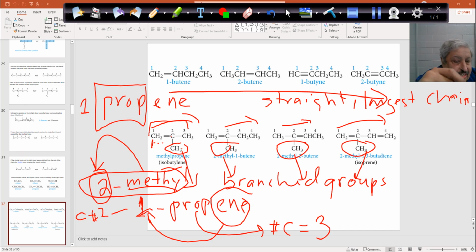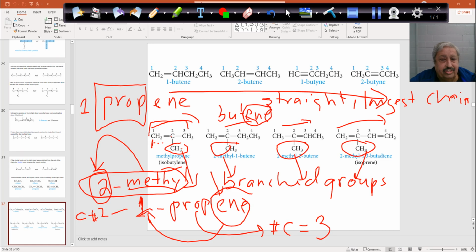But the main thing is the double bond will take priority over the triple bond, correct? And you can then look at the others. Here it is the same thing, but the number of carbons will be what? How many carbons do you have? It will be but-, butane stem, correct?